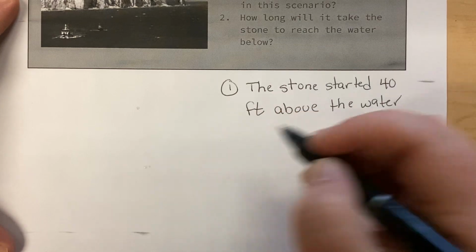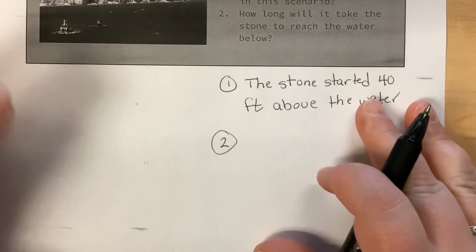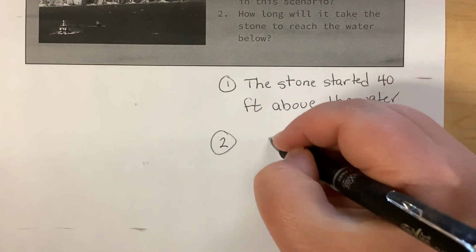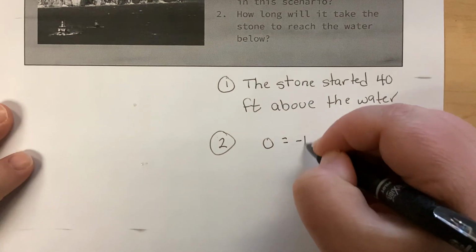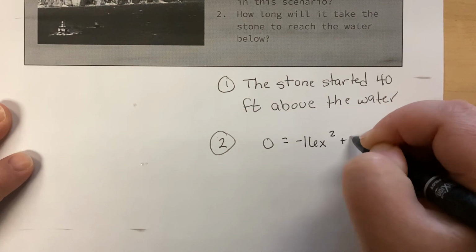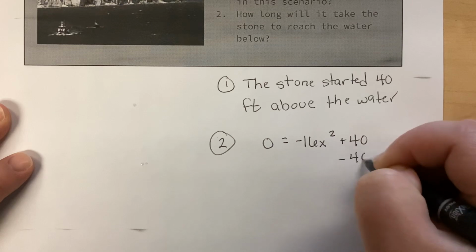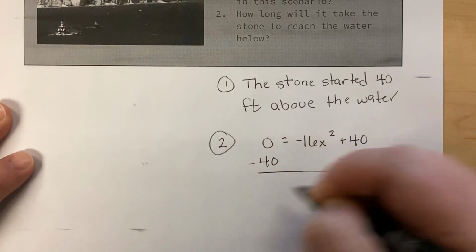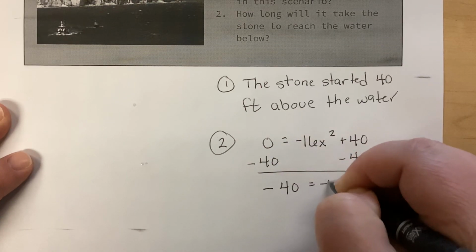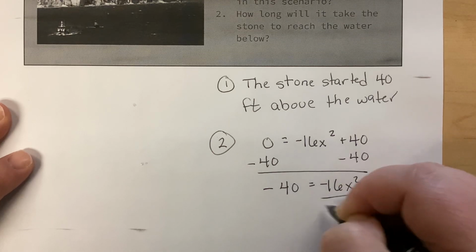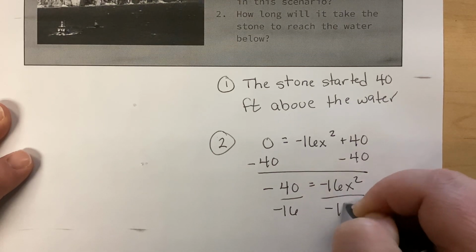Okay. And number 2, how long will it take for the stone to reach the water below? So we have 0 equals negative 16x squared plus 40. Subtract 40 on both sides. So we have negative 40 is negative 16x squared. Divide both sides by negative 16.